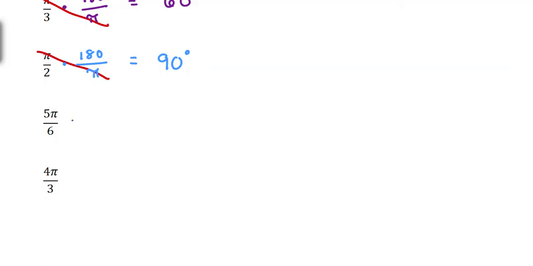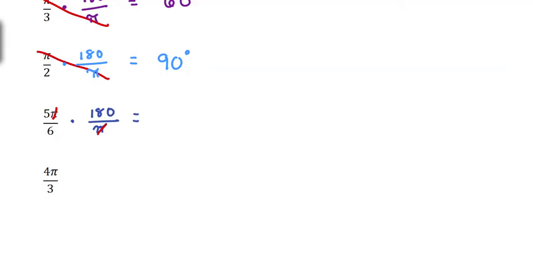All right, let's do a couple more examples here. You want to convert 5 pi over 6 to degrees. I can't talk and write at the same time. So we're going to do times 180 over pi. Pi's are going to cancel out or divide to be 1. This time not quite so easy, depending on your mathematical skills.